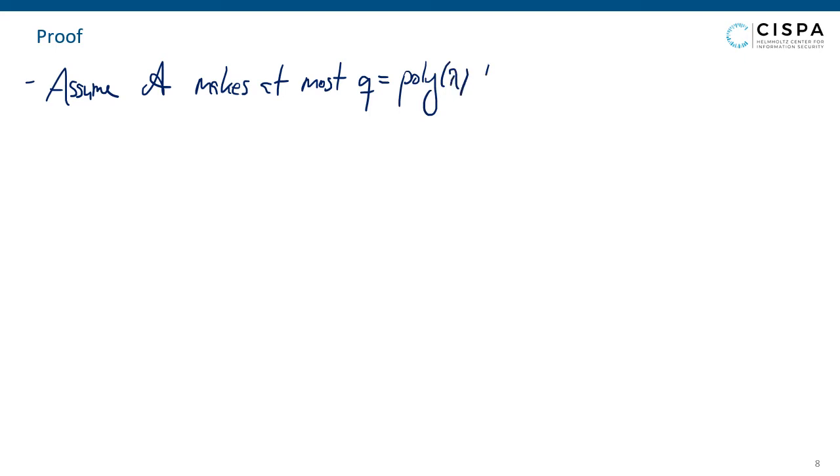So assume A makes at most Q, which is polynomial in the security parameter, queries to the random oracle H.